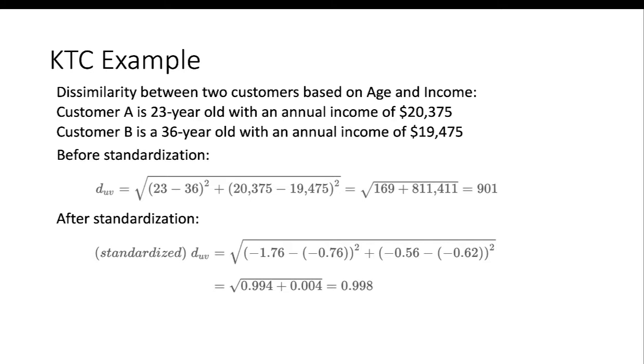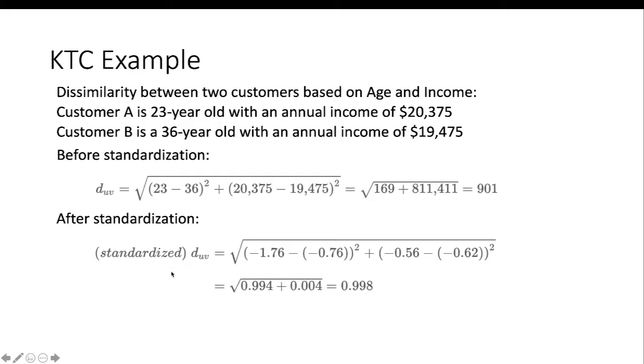The standardized values of observations u and v are negative 1.76 and negative 0.56, and negative 1.76 and negative 0.62. The dissimilarity between these 2 observations based on the standardized values is 0.998.